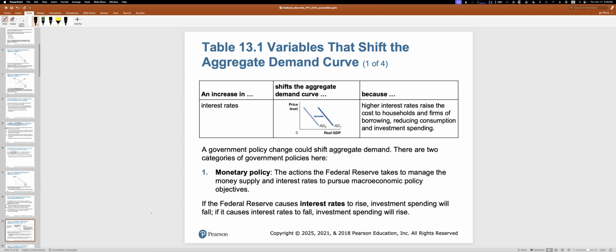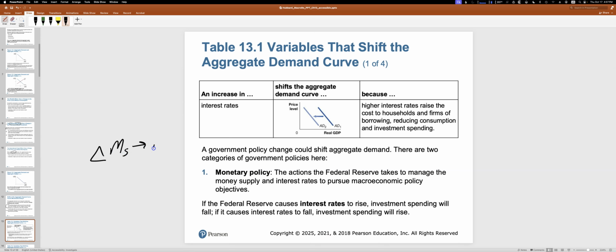And what we would see here is that based on this analysis, when we look at this from a perspective of aggregate demand and aggregate supply, one of the things that we can do is shift the aggregate demand curve. And we can shift it with one of two types of government policy. The first one is monetary policy, which is when I change the money supply.